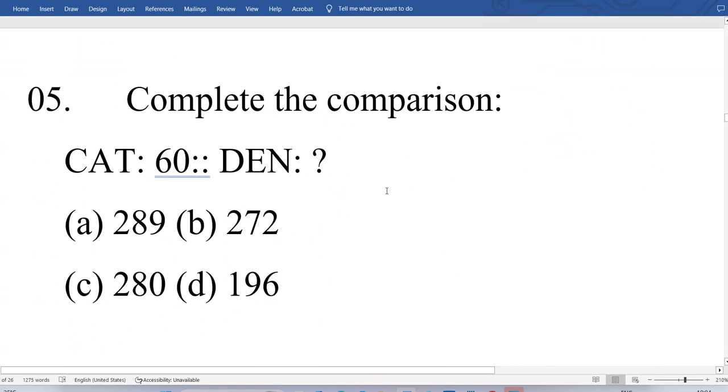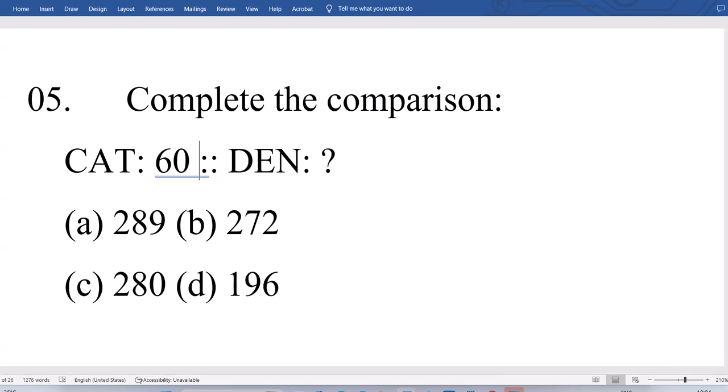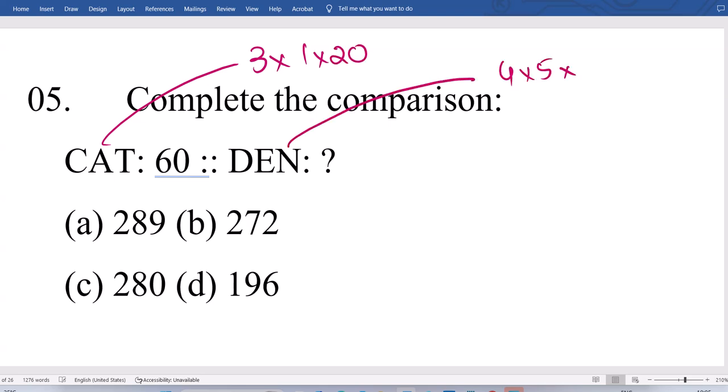Next one, analogy concept again, previously with respect to diagrams, now with respect to letters and numbers. Cat is somehow 60. What is that? 3 into 1 into 20. Then 4 into 5 into 14 is 280.